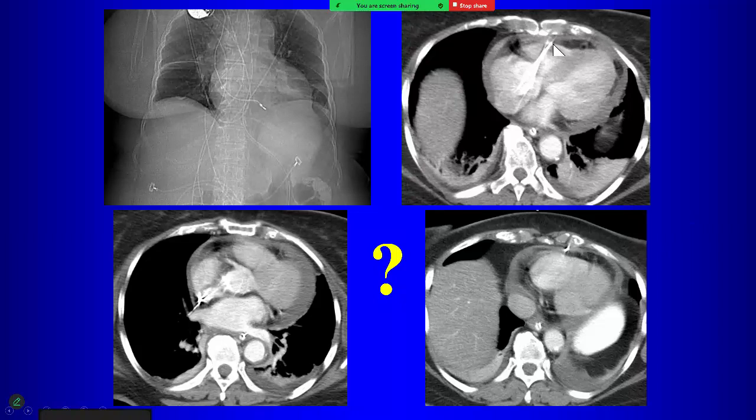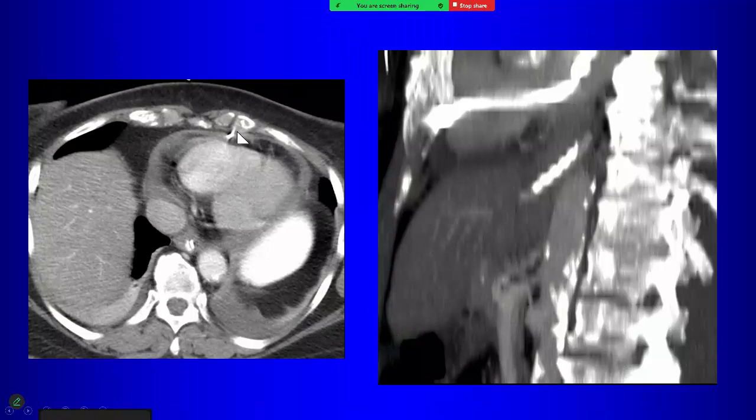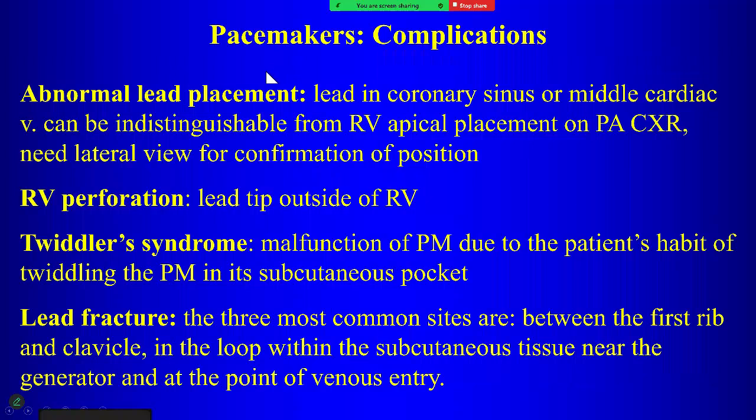So if you notice a pericardial effusion on your CT scan in a patient who has a pacemaker, go back and look very carefully at the lead tip. Where is it? Make sure you're not going to miss a case of perforation. And then here, the lead tip is actually out there inside the pericardium, right? So this lead has perforated the right ventricle. So anytime there's a pericardial effusion, look very carefully.